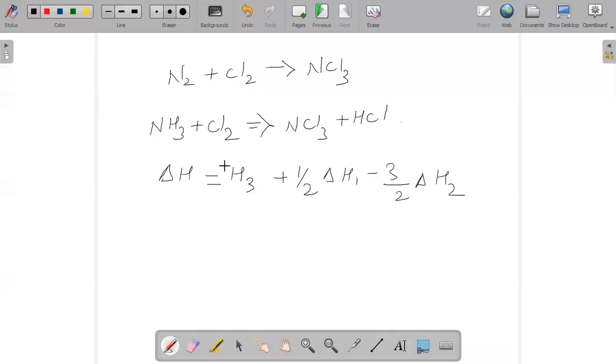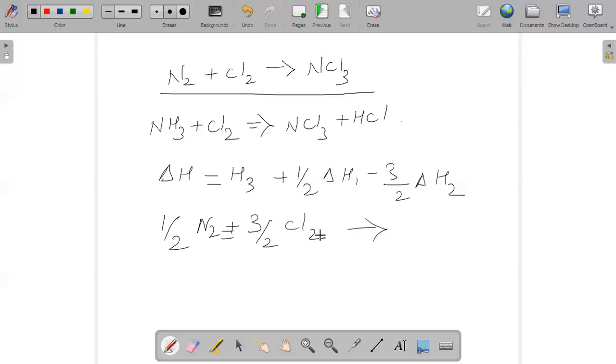If we do this combination, you will get the reaction N2 plus Cl2 will give you NCl3. So the resulting equation that we can get is half of N2 plus 3 by 2 Cl2 will give you NCl3. So for that, sorry, it should be delta H3 plus half of delta H1 minus 3 by 2 delta H2.